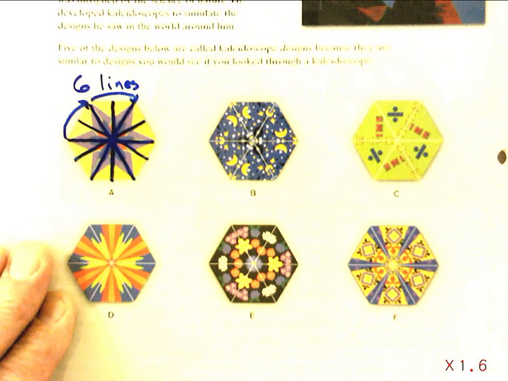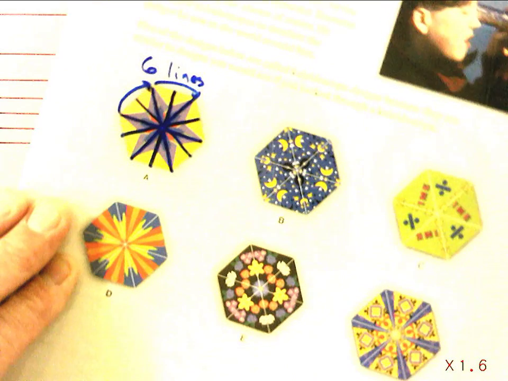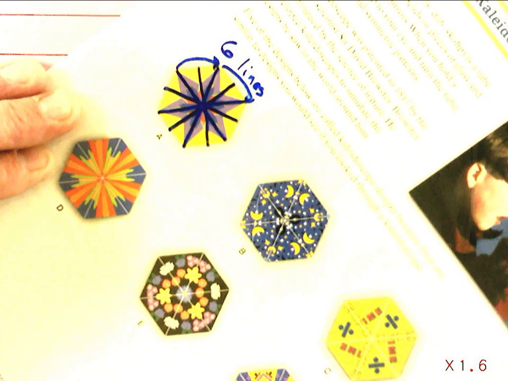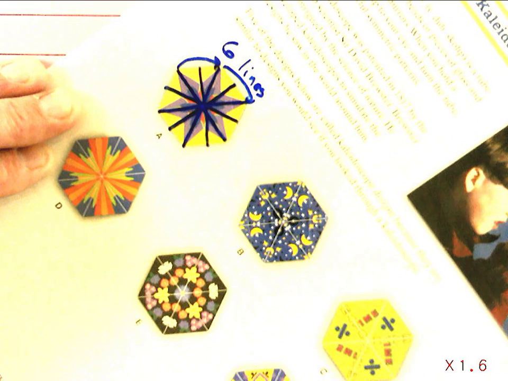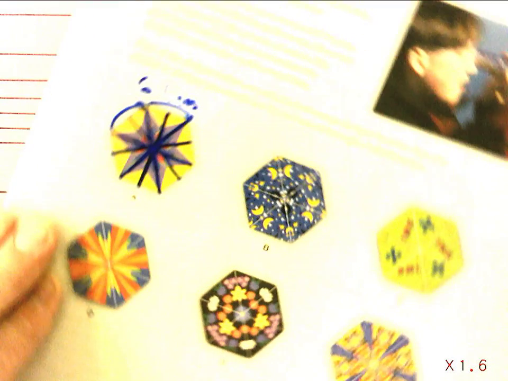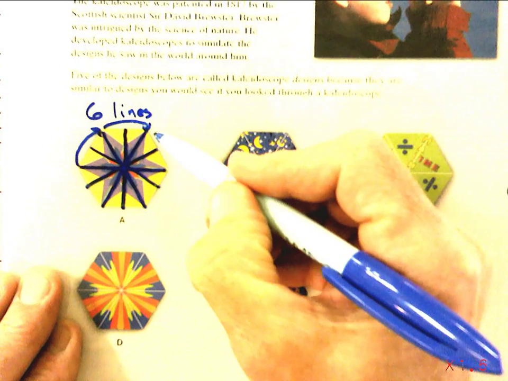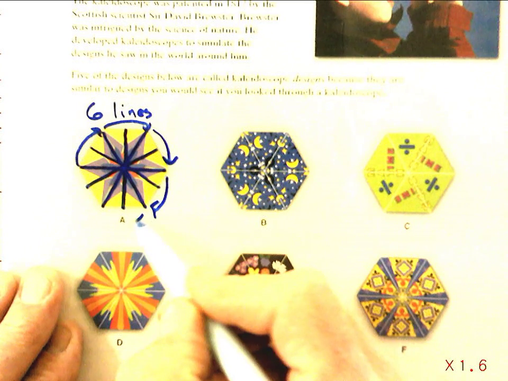So I'm going to actually turn the book here and see if we can see that. So if I go just like that, there it is again. So that's the angle of rotation from the original. I have to go that far to get to the next one, and then from there and there and there.